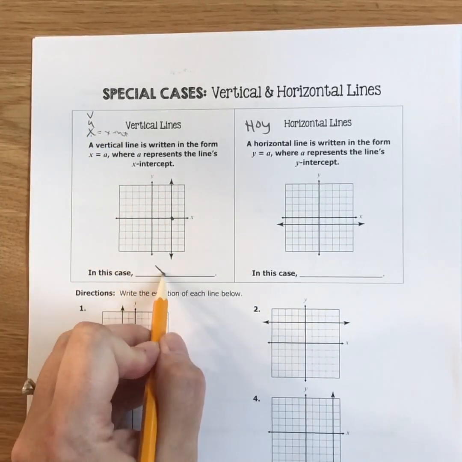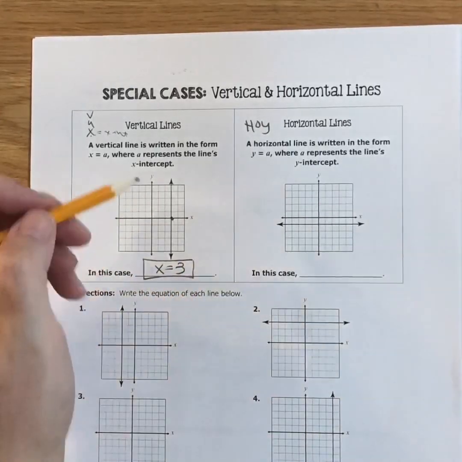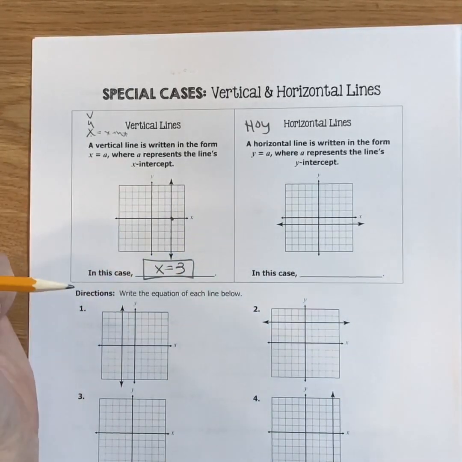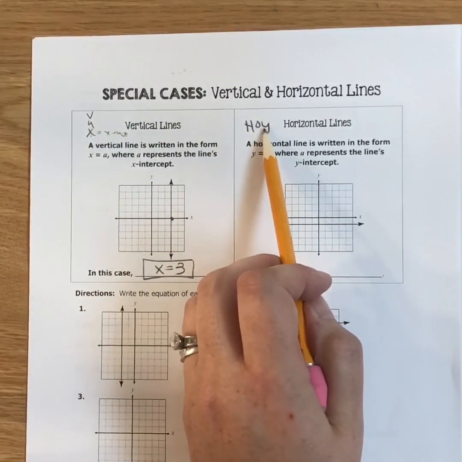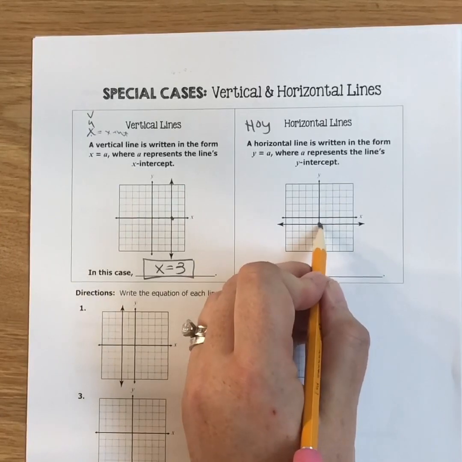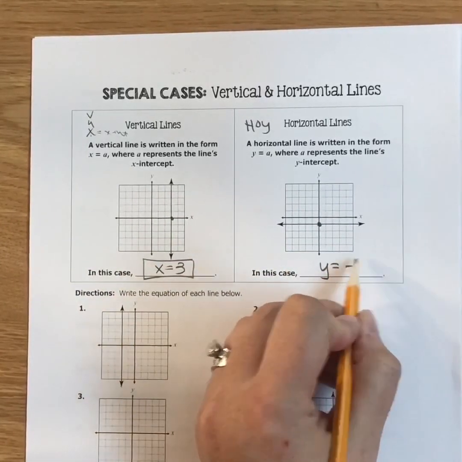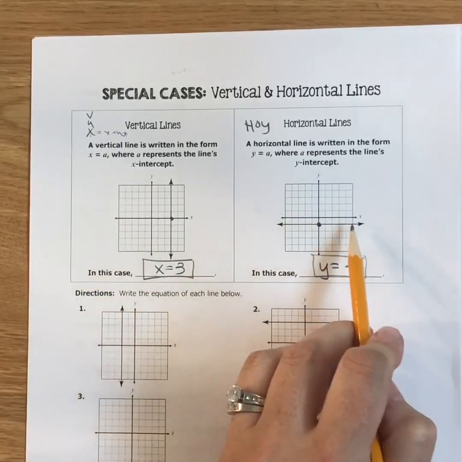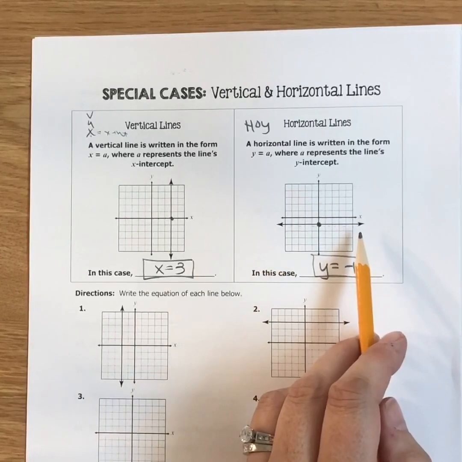So the equation is x equals 3. Boom, we're done, because it's a vertical line. Now, for HOY, we know that there's only going to be a y equals the y-intercept, which is -1. So the equation is just y equals -1. That's it, because for every single point on that line, y is -1. X can be anything, okay?